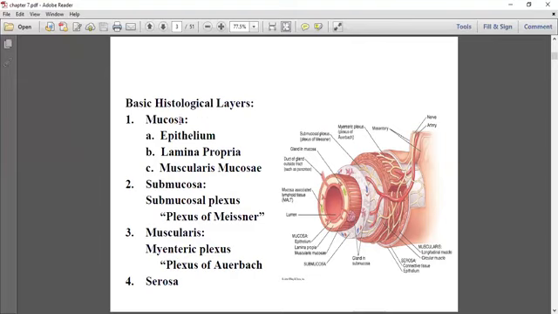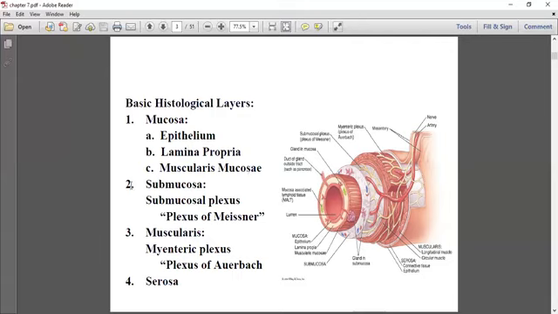The mucosa is composed of 3 tissue layers: the inner epithelium, beneath the epithelium a thin layer of connective tissue called lamina propria or corium, and the outer layer of the mucosa, a thin layer of muscular tissue called muscularis mucosa.